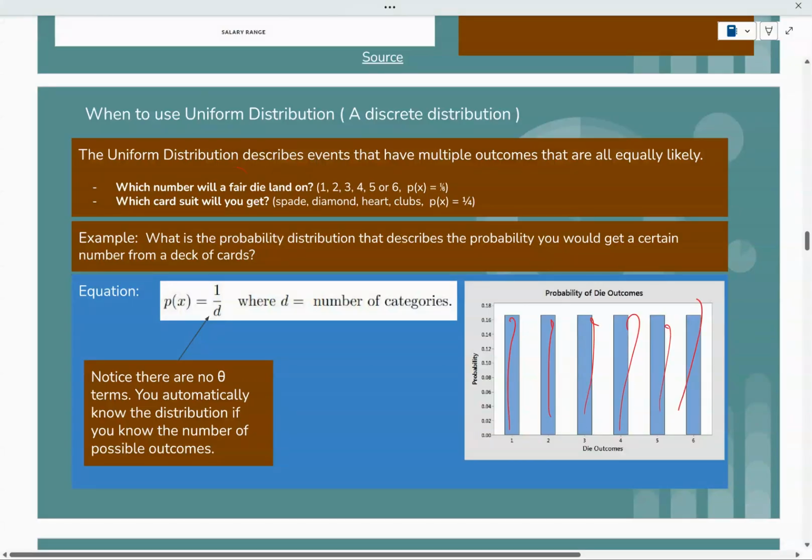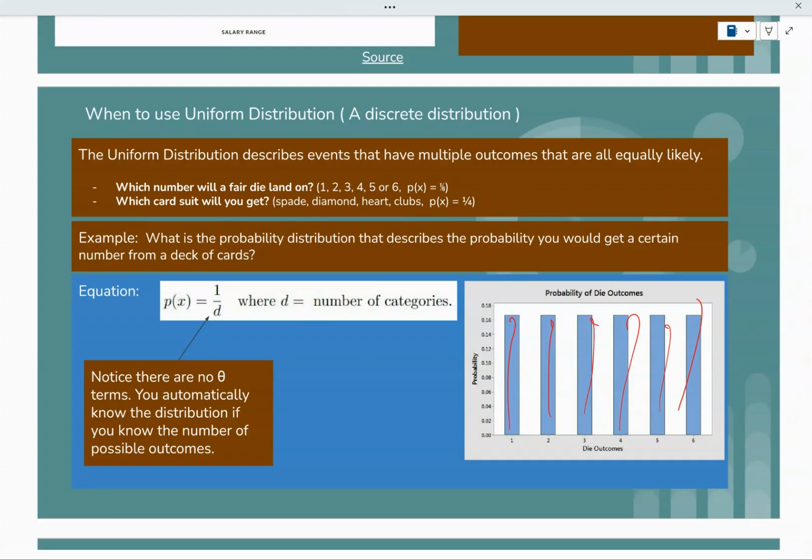So for example, when you roll a fair die, like 1 to 6, every possibility is equally likely. Which card suit would you get? Spades, diamond, heart, clubs, right? It's equally likely, 1 out of 4. So a uniform distribution is simply a categorical distribution where all the probabilities are the same.